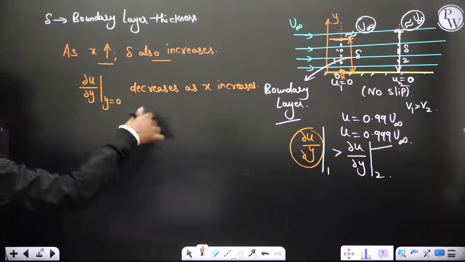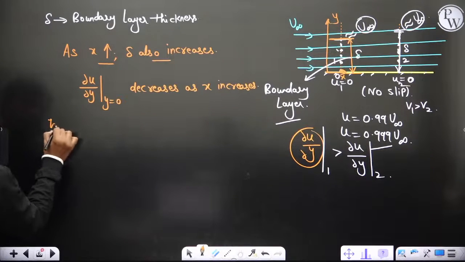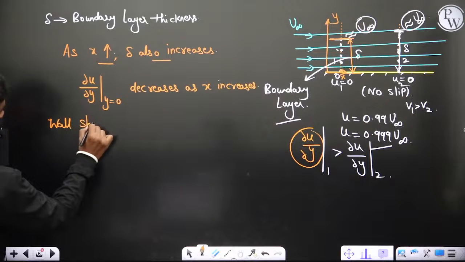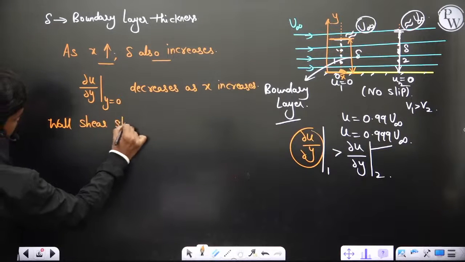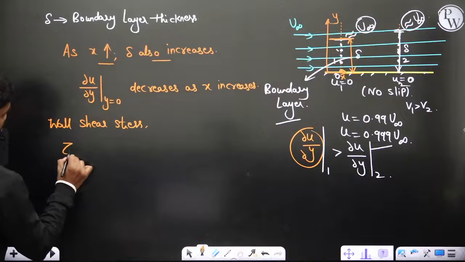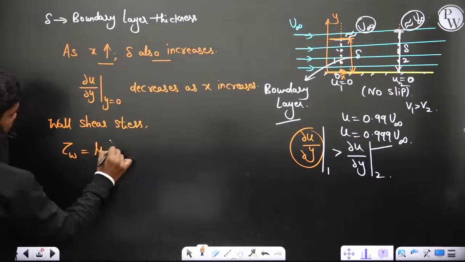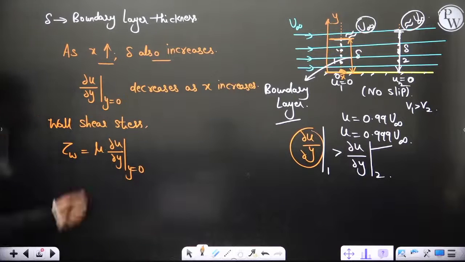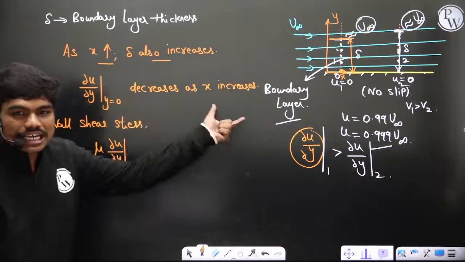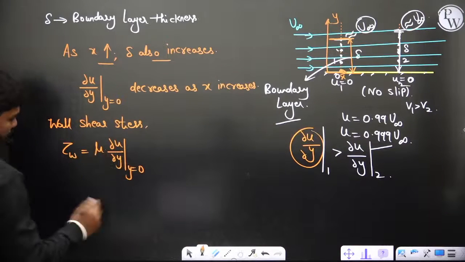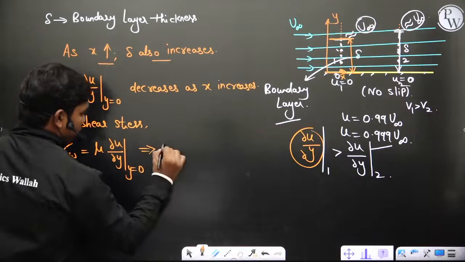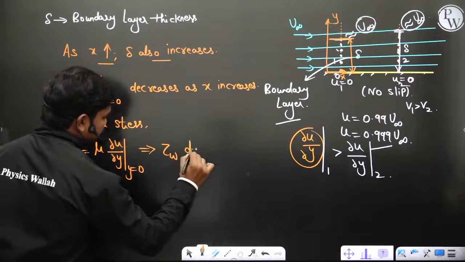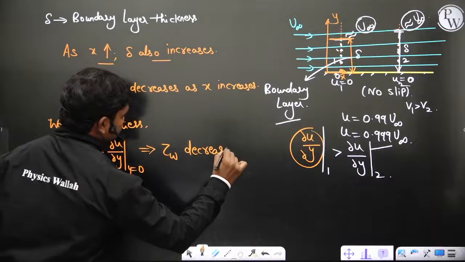Now, if you take this fluid to be Newtonian, wall shear stress means the shear stress at the plate, which is tau w, which is mu into dou u by dou y at y equal to 0. So, if this quantity is decreasing as x increases, then definitely the wall shear stress decreases as x increases.